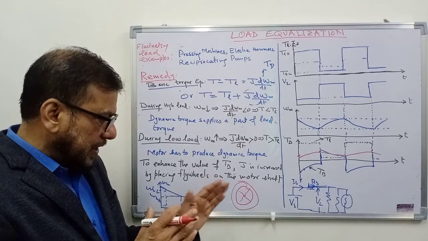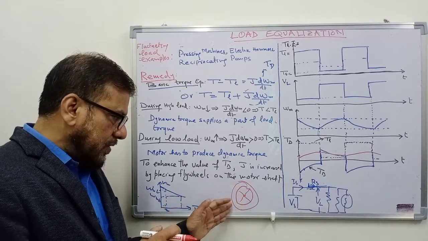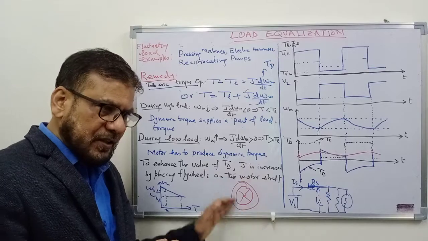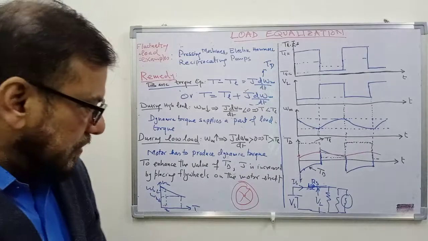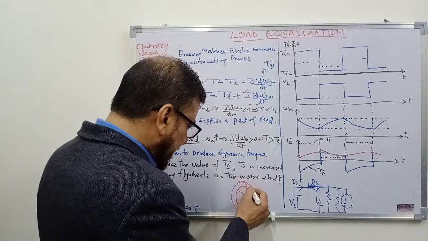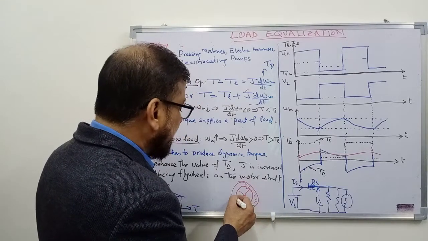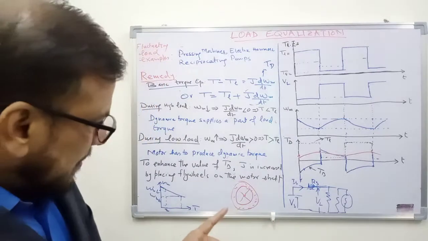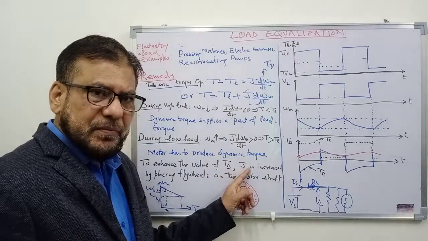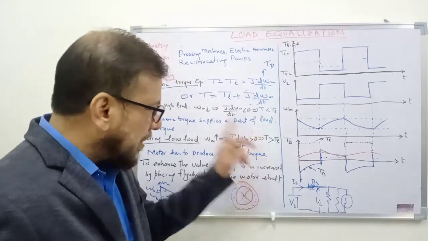So, if you place the mass on the outer periphery of any rotating object, then the moment of inertia will increase. So here we place flywheels where most of the mass is concentrated at the periphery. That will increase the moment of inertia of the system. That will increase the dynamic torque.